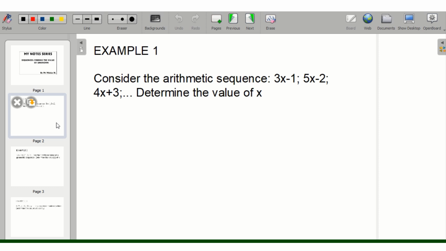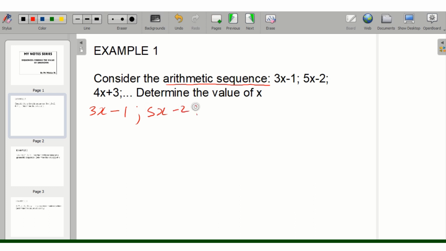So if you look at our first example, we have what they clearly said is an arithmetic sequence. So that tells us something. What do we know about an arithmetic sequence? Well, we do know that an arithmetic sequence has a common first difference.